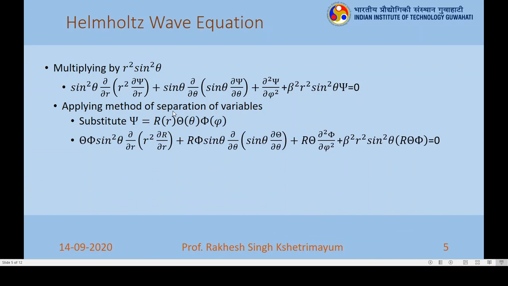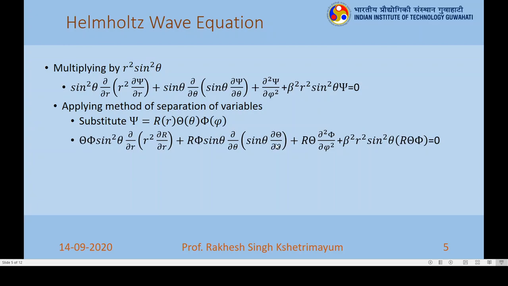When I do that, look at the partial derivative with respect to r. When I do the partial derivative of psi with respect to r, only capital R is dependent on r. Capital Phi and capital Theta are independent of r, so we can take them out, they're constants.